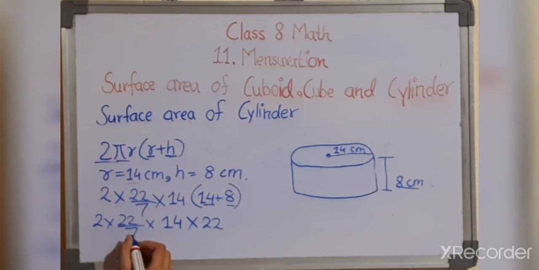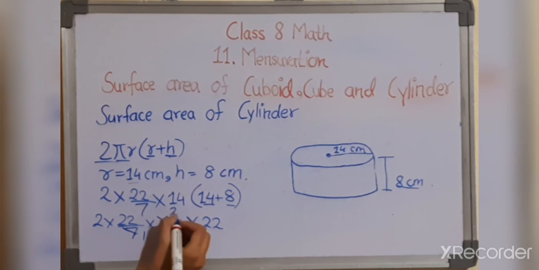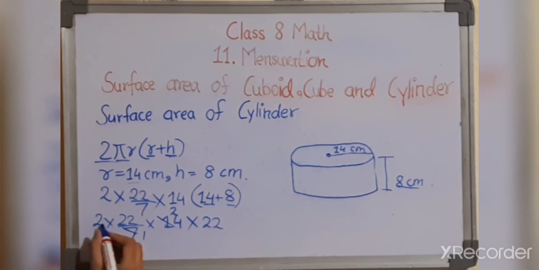On doing the division of 7 and 14, we get 7 ones are 7, 7 twos are 14. So we get here 2. Then further, 22 twos are 44 and 44 twos are 88.